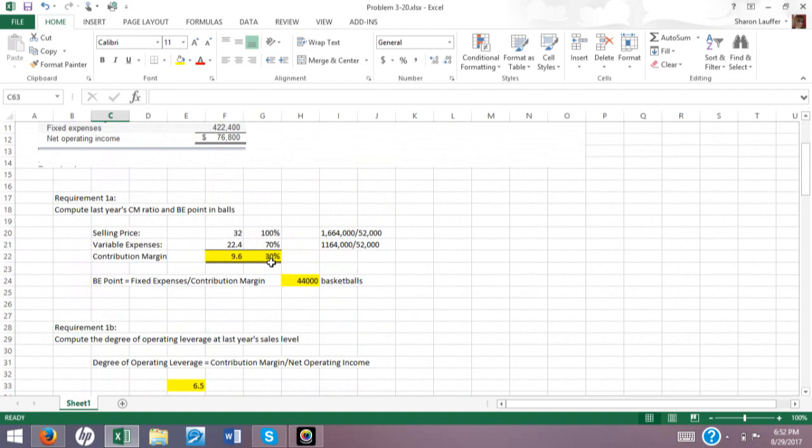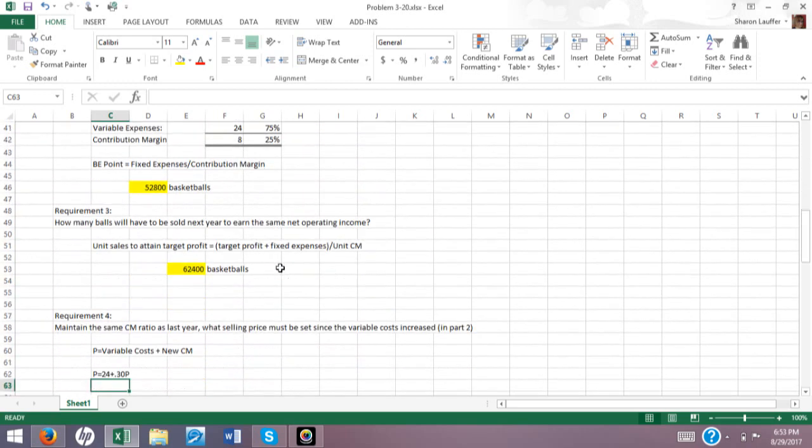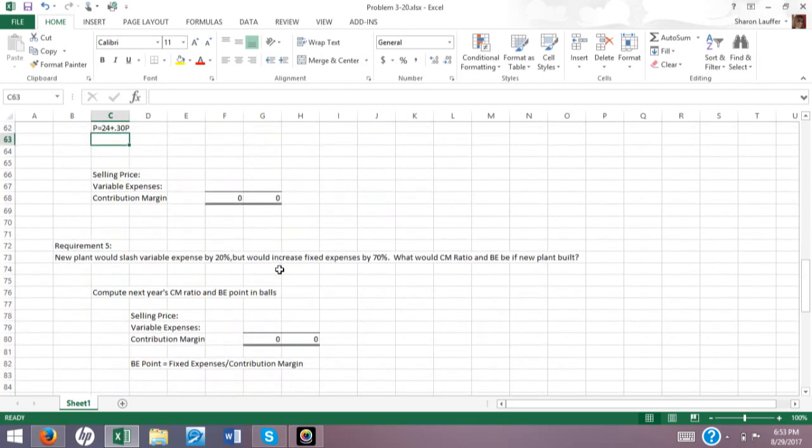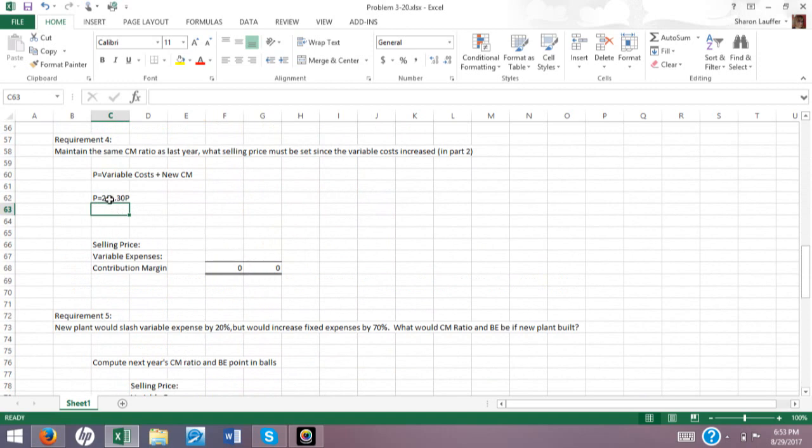So that's the contribution margin we had last year, and we want to keep that this year. Remember, down here, there's our $24 as our variable cost. Then our contribution margin is a percentage of our price, so that was 0.3.